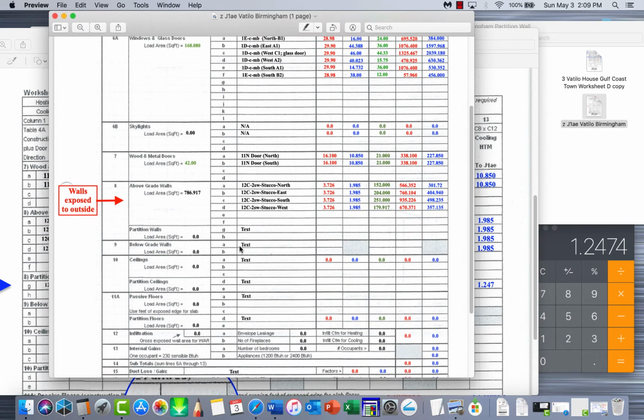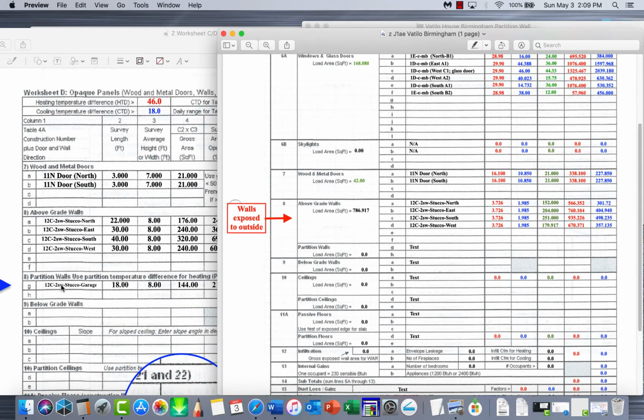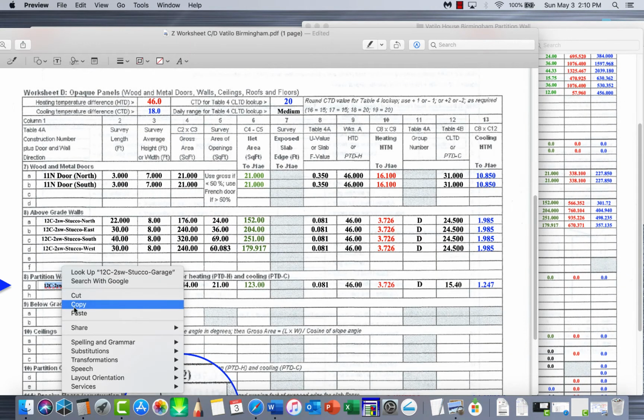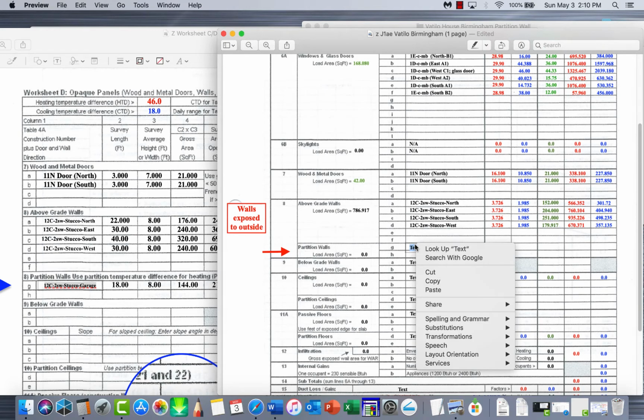And here we go. So we're going to do some copying and pasting. Copy this, and that's going to go right here. We're going to go to partition walls, like I said, down here at the base, and paste it right there.